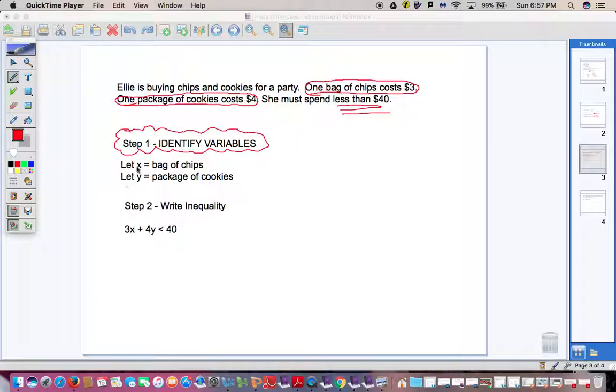And so our next step would then be to write the inequality. So I have here 3 times X because every single bag of chips costs $3. And remember, X is bag of chips. So I have $3 per bag of chips.